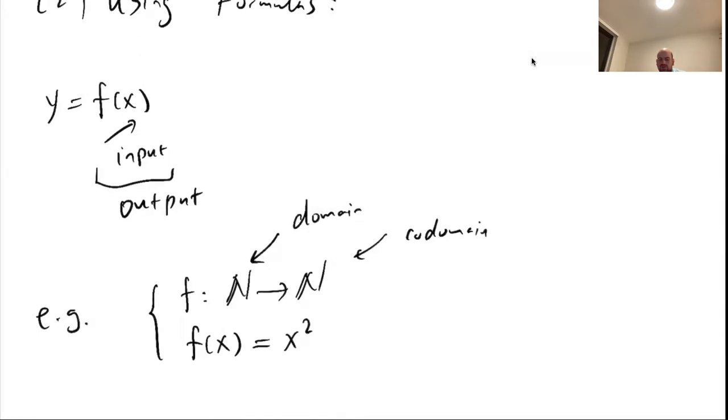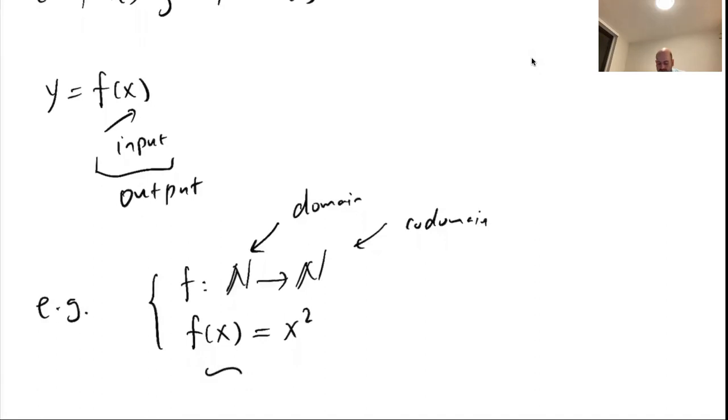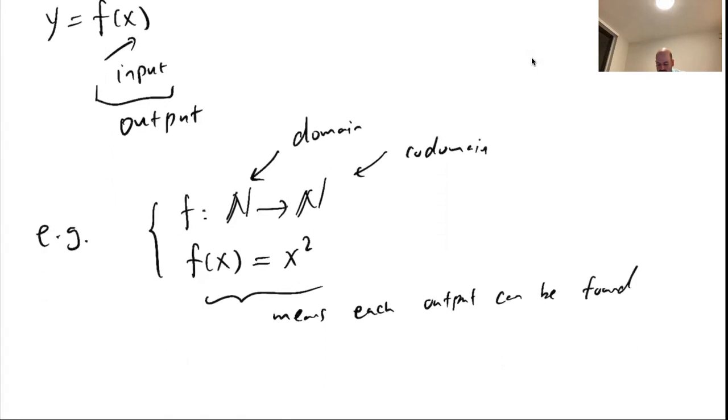And f of x equals x squared means what? Means each output can be found by squaring the corresponding input.